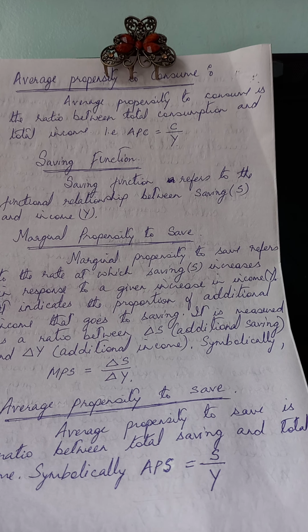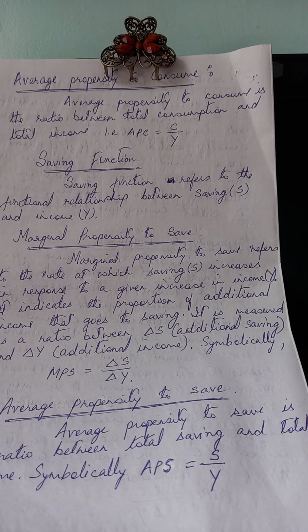Further, out of the total income that we receive from our work, being a worker or a laborer, we always have to keep in mind that we should save at least something.